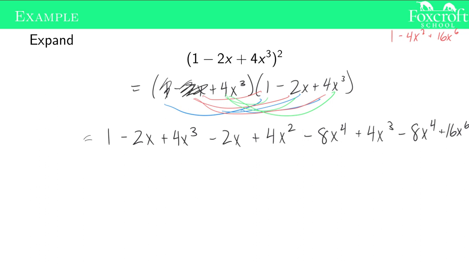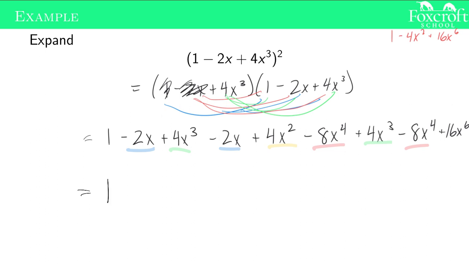And then we look for all the like terms. Let's see, we have x's. Those are all x's. We have some cubes. We have some squareds. Oh no, we only have 1 squared. But we do have some fourths. All right, so if we combine all our like terms, I mentioned in a different video that a lot of times you write the exponents in descending order.